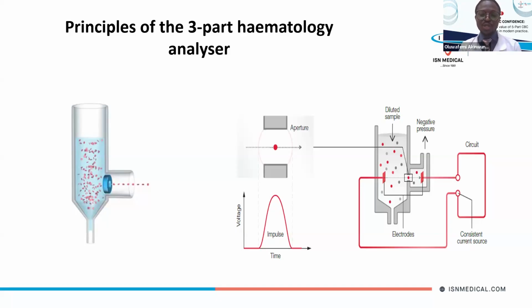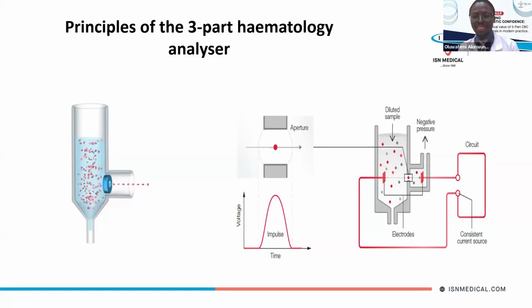So when it comes to analyzing your white cell differentials, you want to lyse all the red blood cells in the system, so that you know you're dealing with just white cells alone. The system is such that you are able to isolate individual white cells and make them pass through the aperture, as you can see in the middle of the diagram. As the cell passes through the aperture, an impulse is generated.